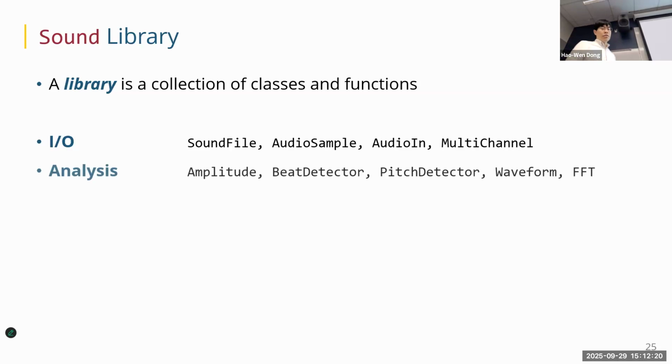You can analyze the amplitude, track the beat, and use a pitch detector. Those are all built-in, not the best performing, but good enough. You can get the waveform, and you can also do FFT. That's what we see in homework 4.